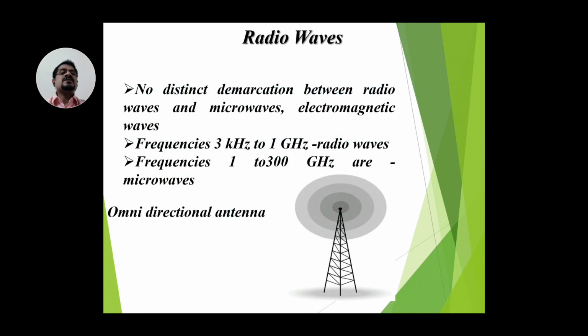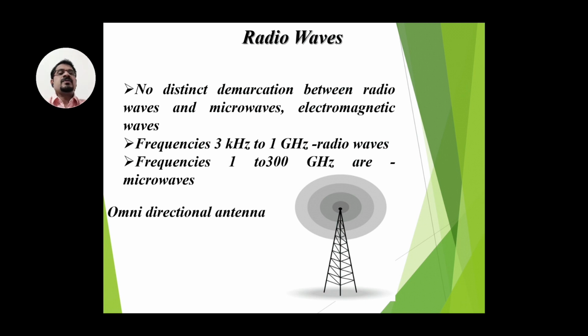Now we can see radio waves. As I said, there is no clear distinct demarcation between radio waves and microwaves in the electromagnetic wave spectrum. The frequencies from 3 kilohertz to 1 gigahertz we generally call radio waves, and the frequencies from 1 gigahertz to 300 gigahertz we use for microwaves.